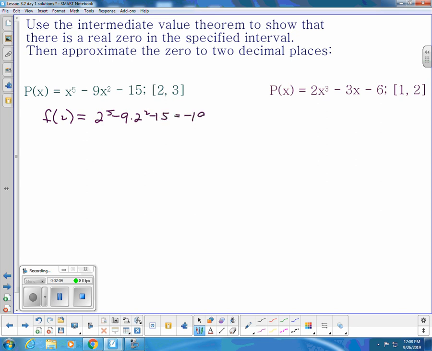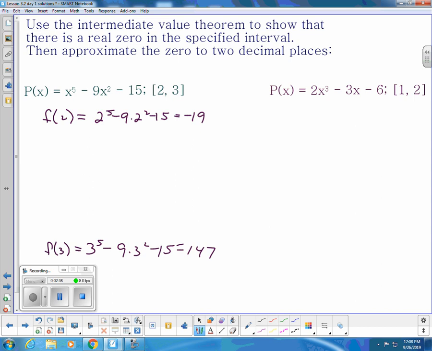So you get negative 19. And if you plug in 3, you get 147. So I got a positive and a negative. So there's a 0 in there. Yes?